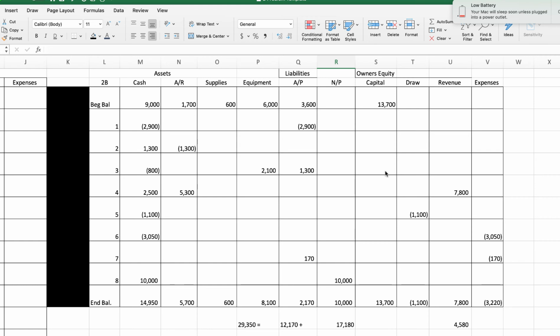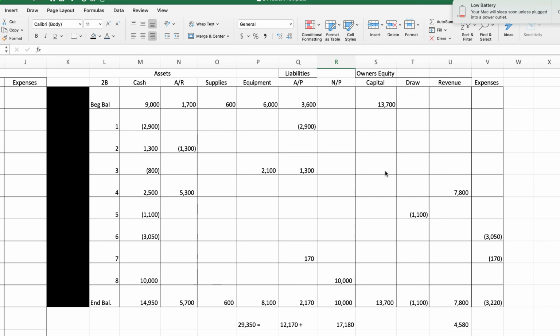Okay, that $10,000 was a note payable from the bank. So the business actually took on that loan. That wasn't the owner putting his own money in. That's what we're saying when he makes an investment. We're saying he puts his own money in. He did not do that. Okay?